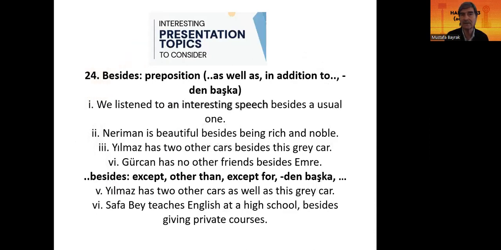24. Besides, a preposition, as well as in addition to. We listened to an interesting speech besides a usual one. Yes, so we did both of them. We listened to both of them. We listened to an interesting speech besides a usual one.